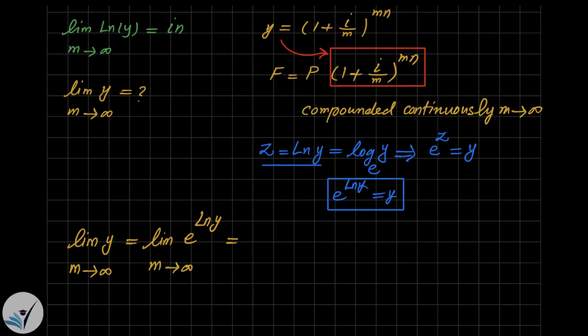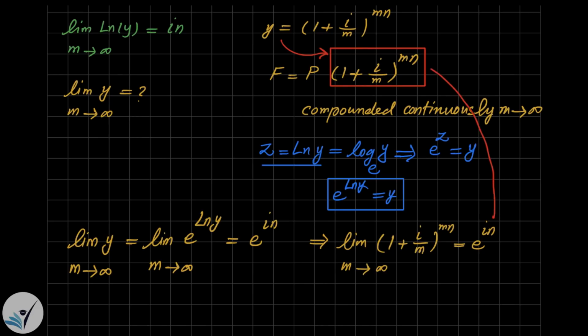And we have already calculated the value of ln of y as m approaches infinity, which is I times n. As a result, the limit of (1 + I/m)^(m·n) as m approaches infinity is equal to e to the I times n. And we replace this into this equation.